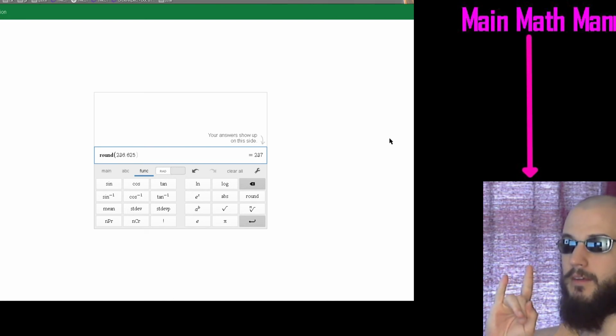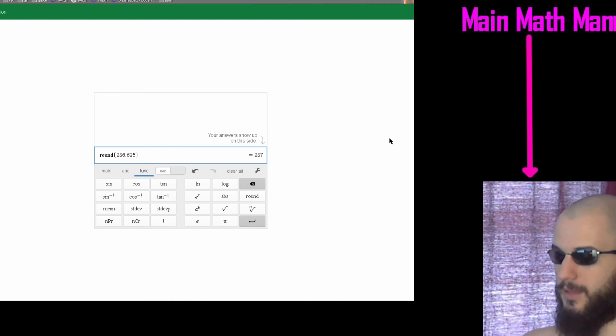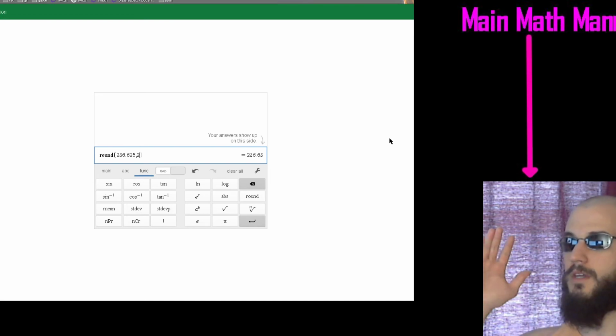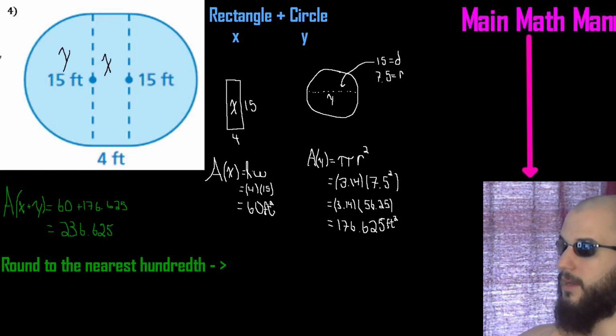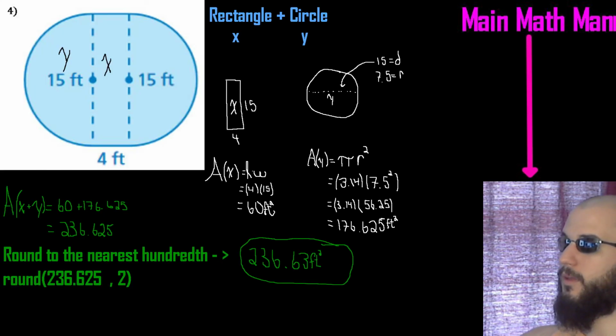That's the second one after the decimal place. So we put a comma, 2, and holy smokes, it did it for us. Plugging that in gives us our rounded answer of 236.63 feet squared.